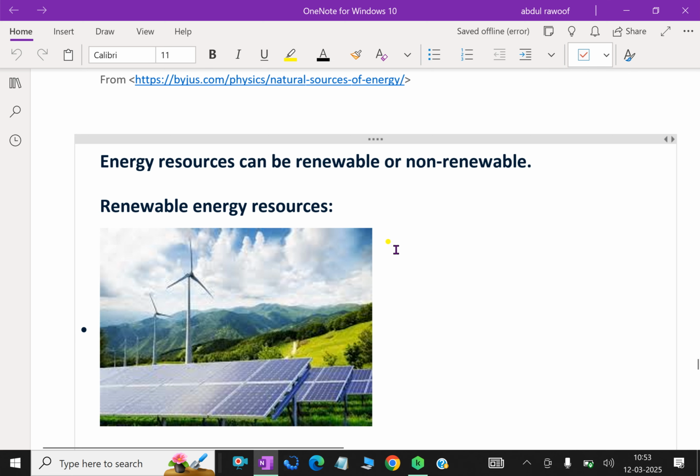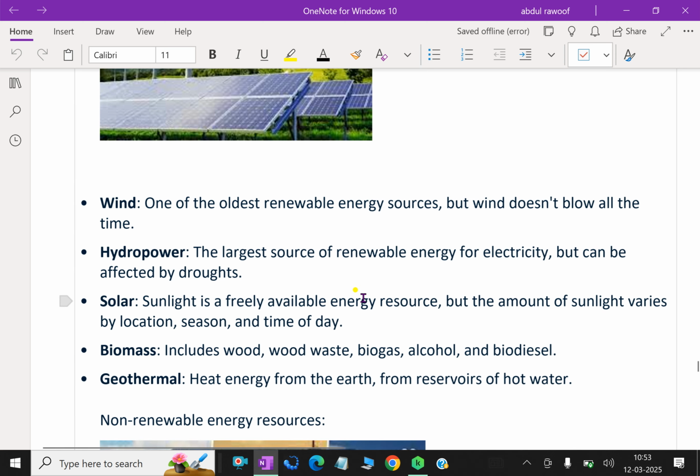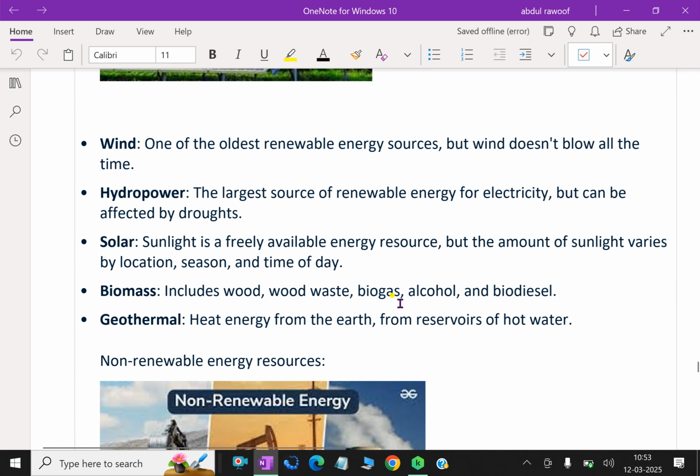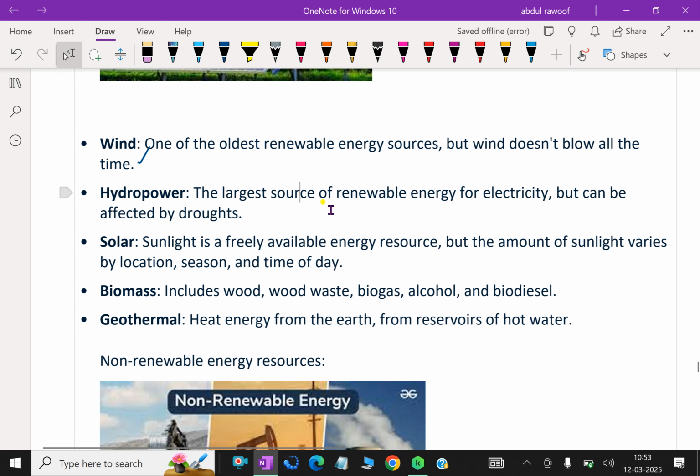What are renewable energy sources? Wind. One of the oldest renewable energy sources, but wind does not blow all the time. This is the drawback. Hydropower, the largest source of renewable energy for electricity, but it can be affected by droughts.